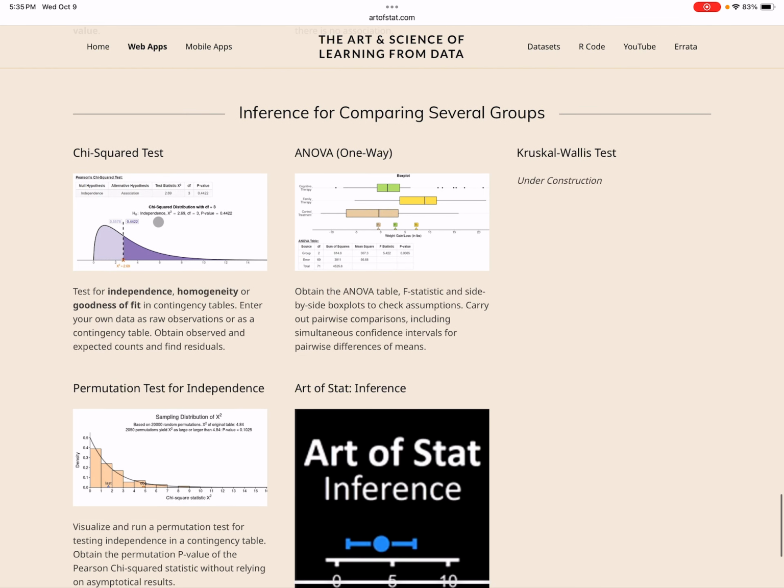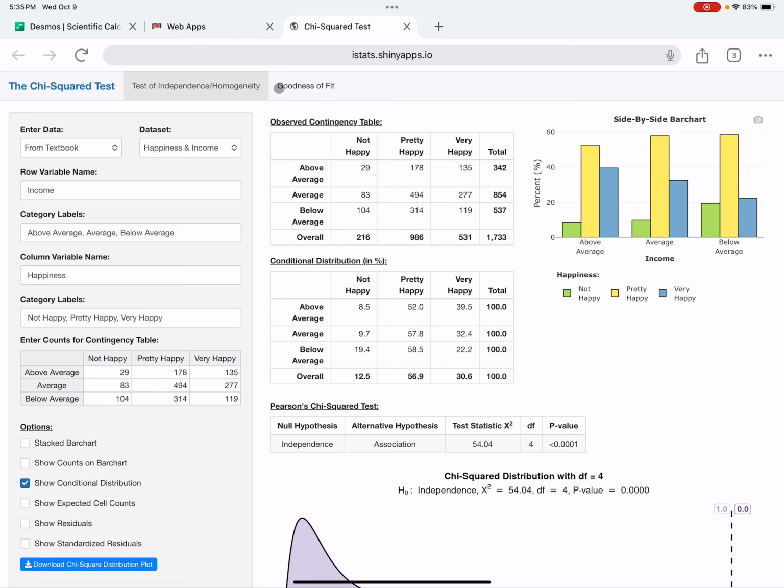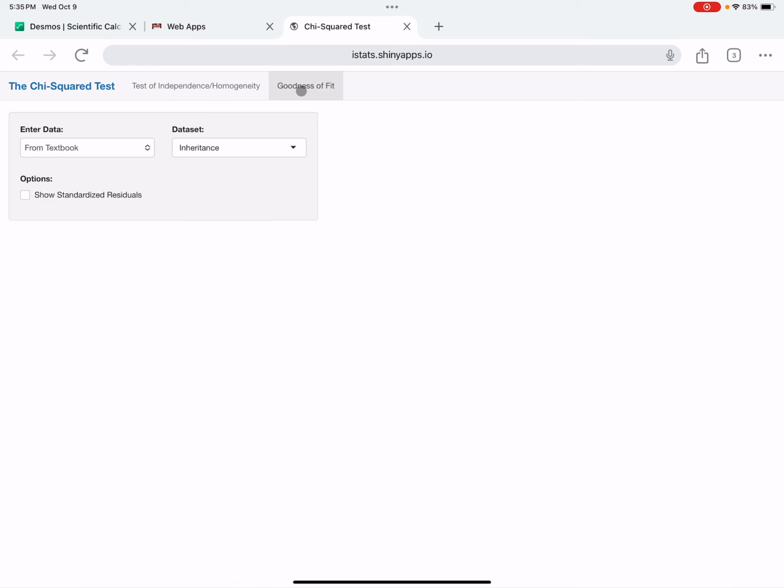So remember, the p-value for the goodness of fit is calculated with the chi-square distribution. So we're going to use a chi-square test. We'll open this guy up. And up here in the top menu, you have your choice of either a homogeneity test or a goodness of fit test. We're going to talk about the homogeneity test in a second. Let's click on goodness of fit test, since that's what we want to run.